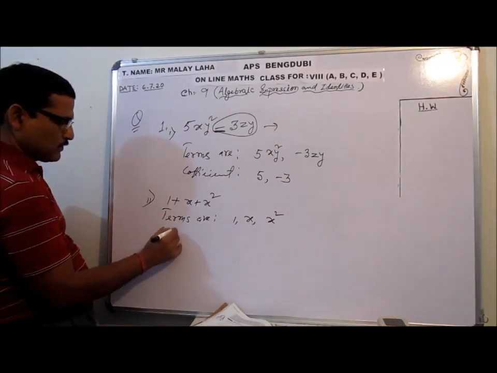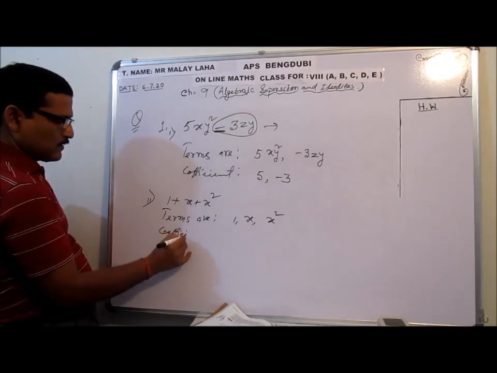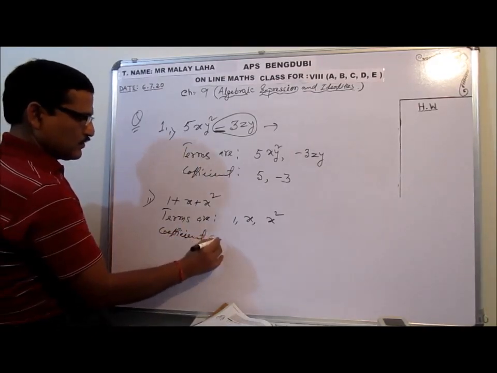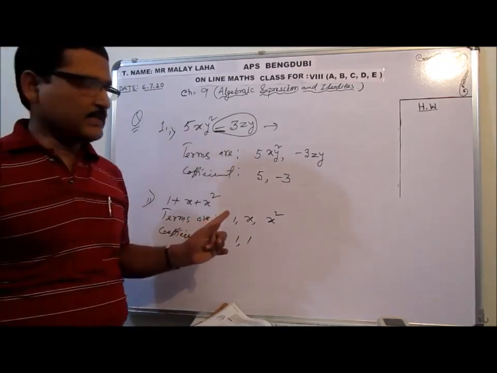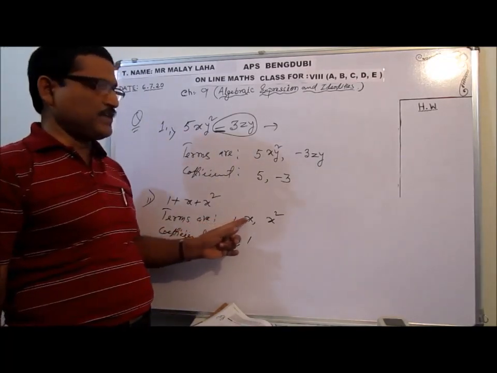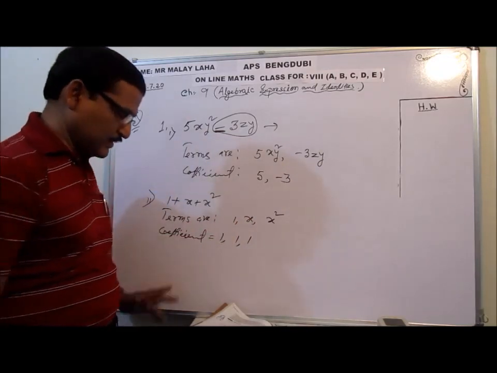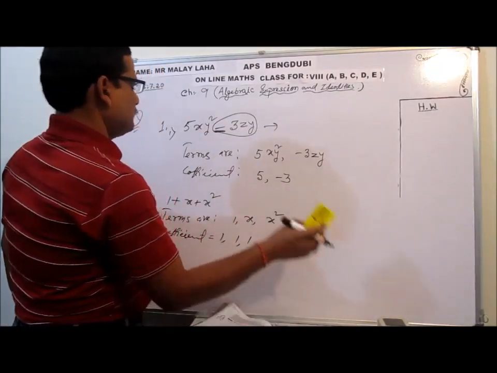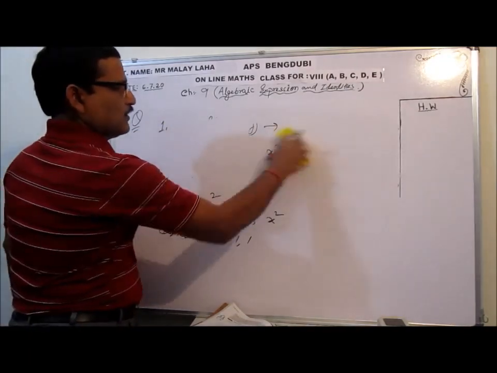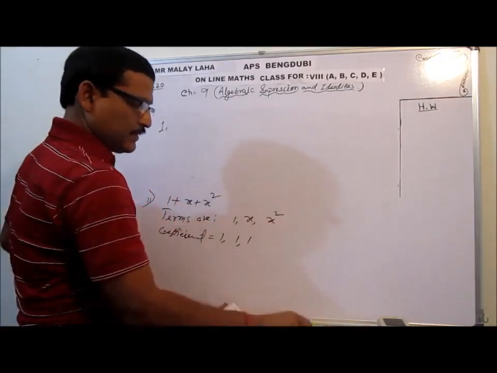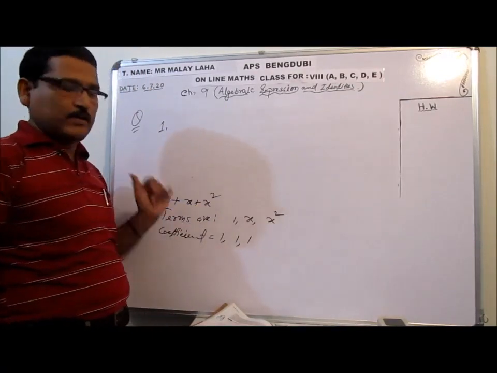Coefficient is equal to 1, 1, 1. So 1 is the coefficient of each and every term in this situation. If you are not able to write, you will pause the video and write it down.